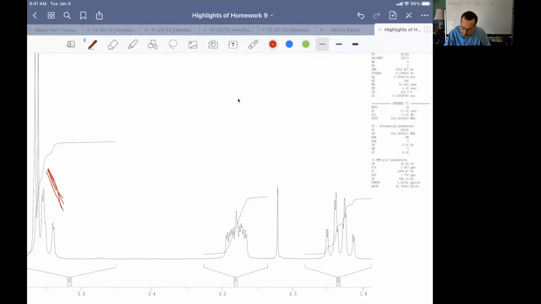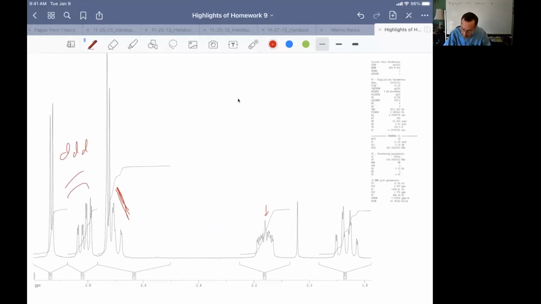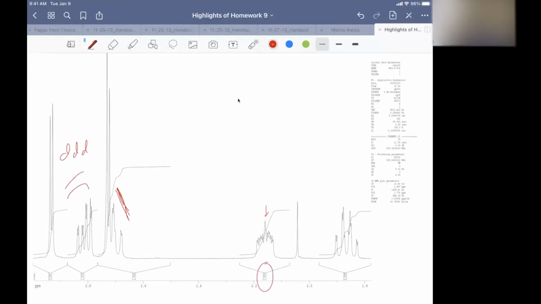So of this bad dream, how would we characterize it if we wanted to really go nuts and name it? Is it two doublet of doublets leading into each other? Well, it's integrating to one hydrogen. Ah, okay, so is it a quadruple? 4 Ds. Yeah, D, D, D, D.